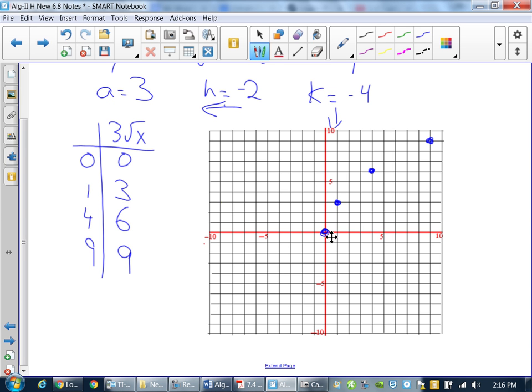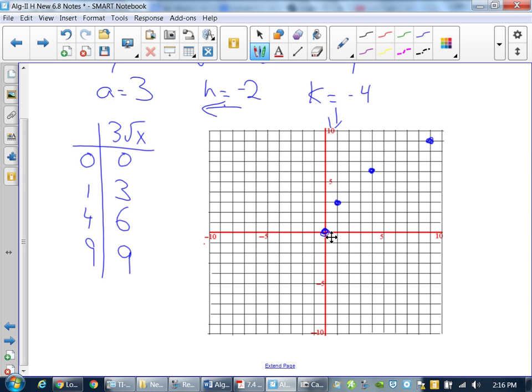I'm trying to remember, I don't think we actually did a lot of parent function stuff before. So a parent function is a non-shifted graph. A parent function allows you to plot something with less work, instead of trying to come up with numbers via number sense to get the shifted graph right away.